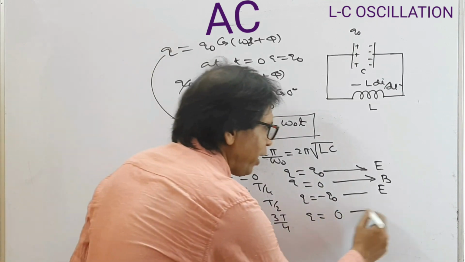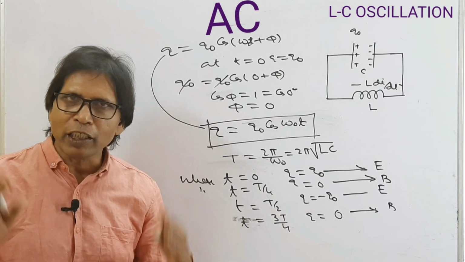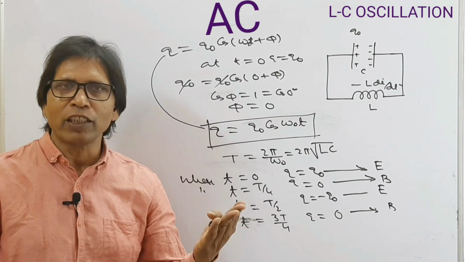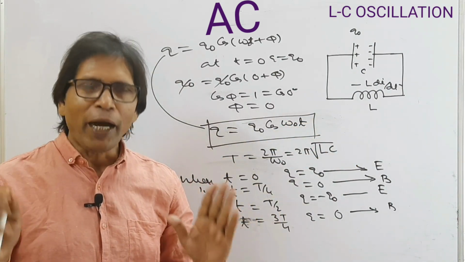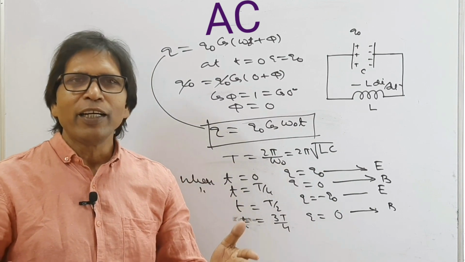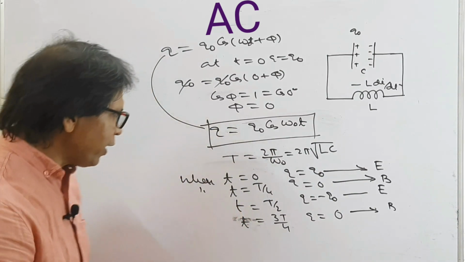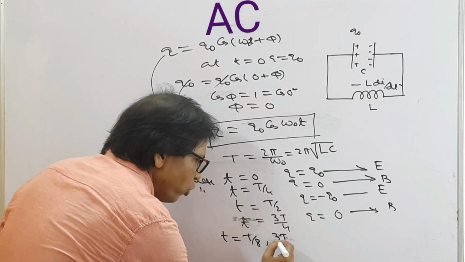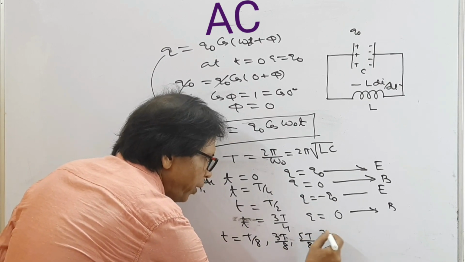So the energy is again magnetic. So the energy oscillating from electric field to magnetic field is known as LC oscillation. As the inductor has some resistance, finally the energy dissipates due to the resistance in the inductor. Now look at this, at that time t equals T by 8, 3T by 8, 5T by 8, 7T by 8.